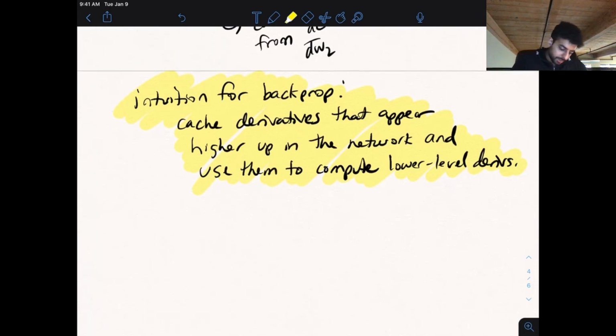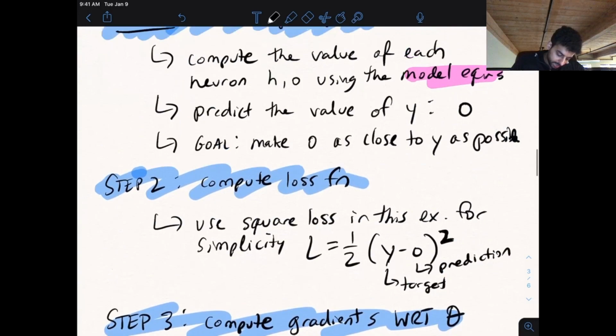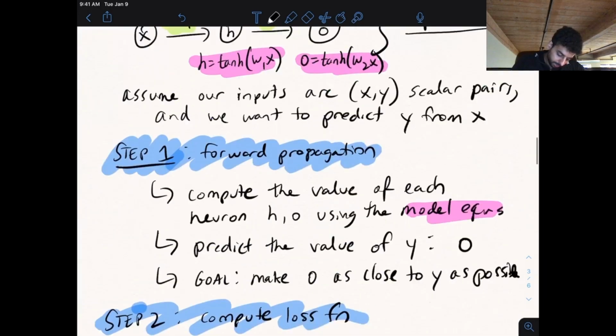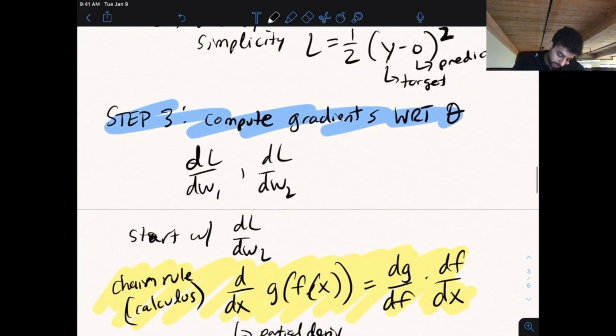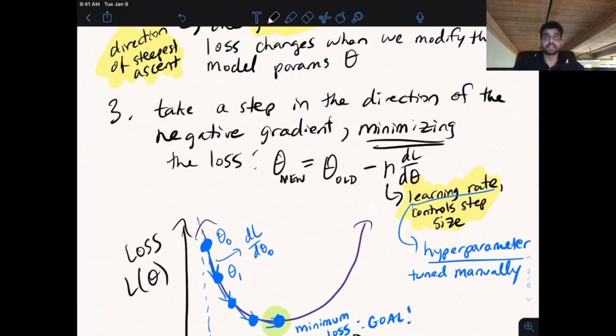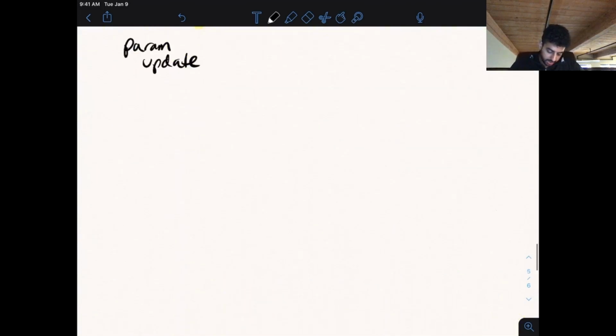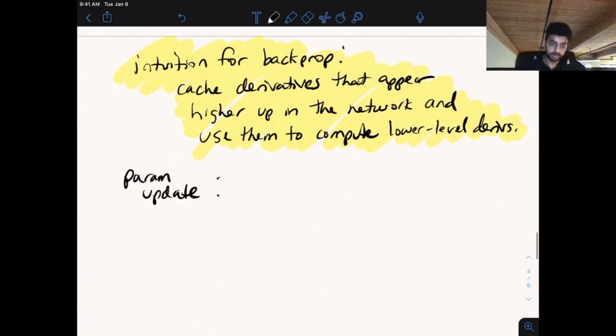Okay, so then just as an example of the parameter update step, remember from before in my gradient descent thing, here, I have this update equation, right? So how do I apply this update equation down here? Well, it's pretty straightforward, right?